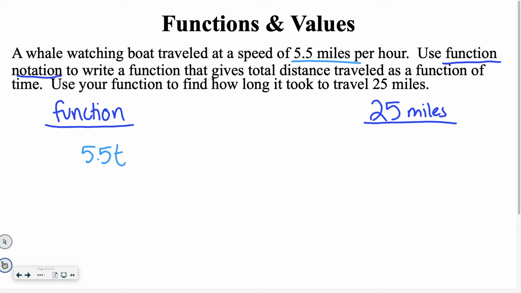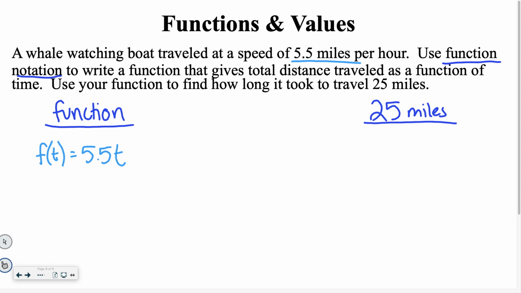So I'm going to use t to represent time. And function notation means that instead of saying y equals, I'm going to say f of t, instead of x, because t is what I wrote in my equation. So this is my function.